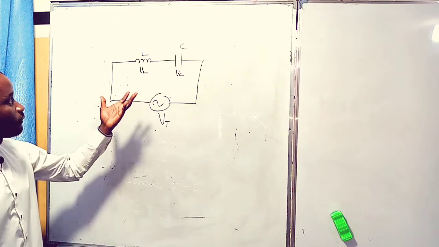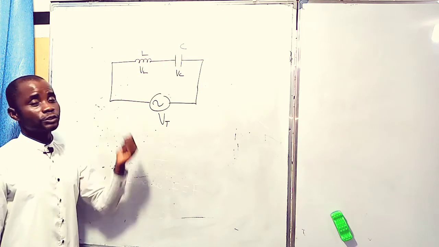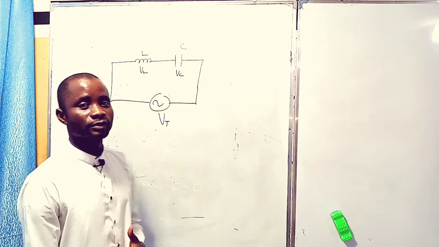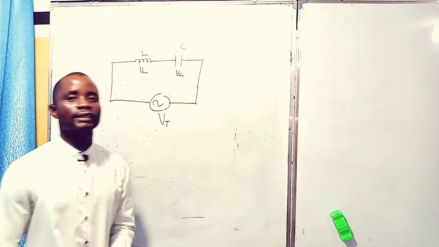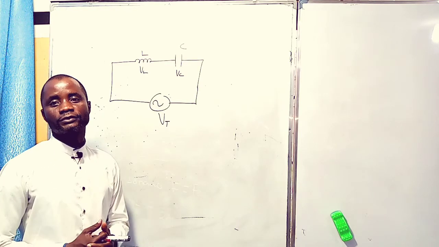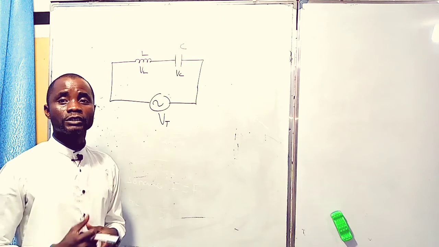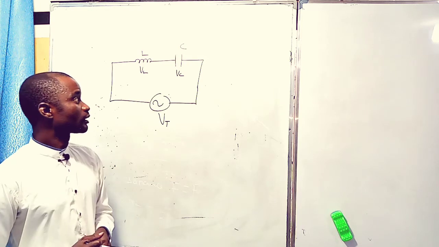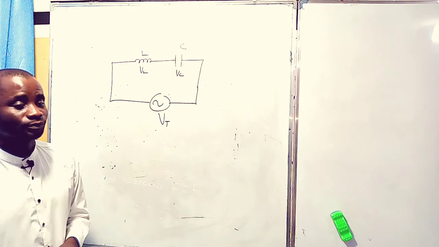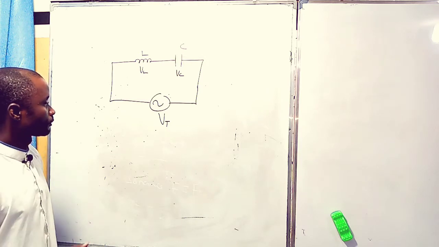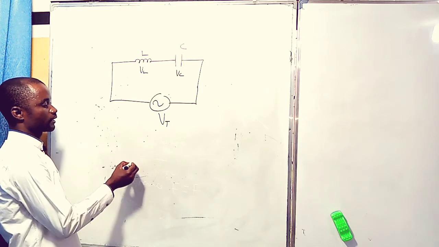Now assuming we have only inductor and capacitor in the circuit, and you want to calculate the effective reactance, also known as impedance, and also the phase angle. How are you going to achieve that? Therefore, you're also going to use a phasor diagram.